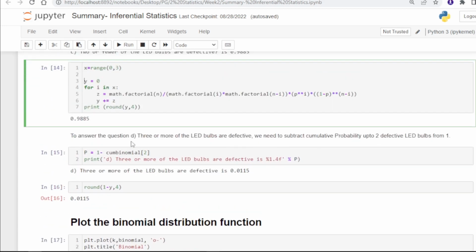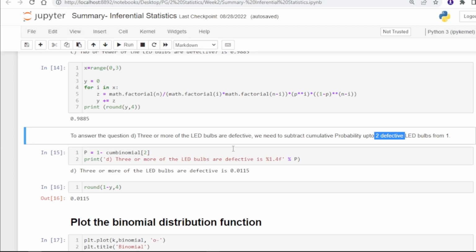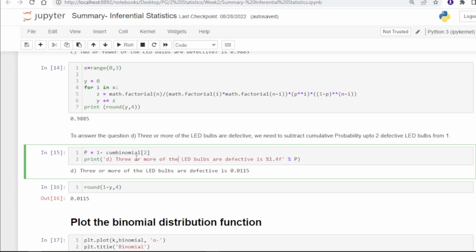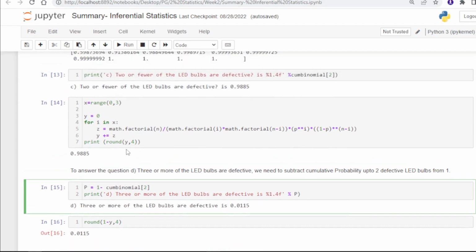Now we have the fourth question, and to answer this, there are 3 or more of the LED bulbs defective. So what we need is to subtract the cumulative probability up to 2 defective bulbs from 1. Okay, because again the term 'more' of any particular number is there. So first we will get the probability, that is 1 minus the cumulative binomial of 2. So again at the third position, we will have 3 or more than 3 bulbs that are defective.